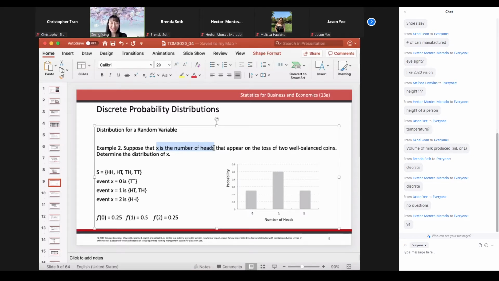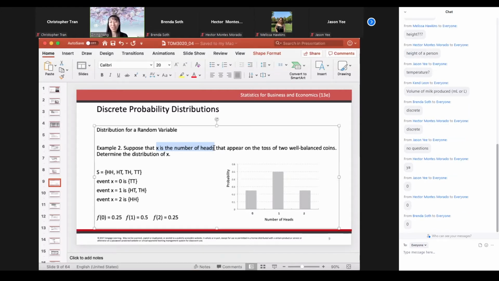Again, this is a count number. What's the smallest value we might get? Zero. Yes, very nice. Brenda, Hector, Jason, very nice. Yes, Melissa. Okay, perfect. You got it.